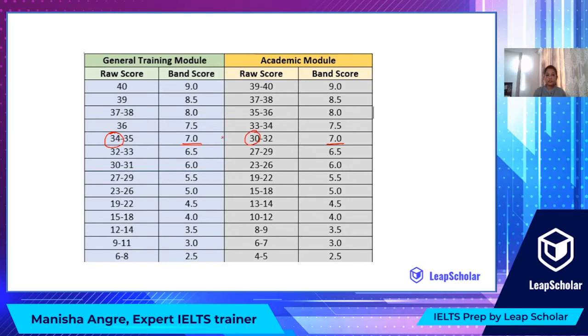That means though general training questions or passages are easier to solve, you need to score more in order to get a 7 band. However, if you want to understand more, just click on pause and again go through the scoring and then go further with the video.